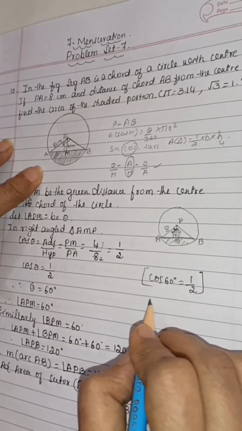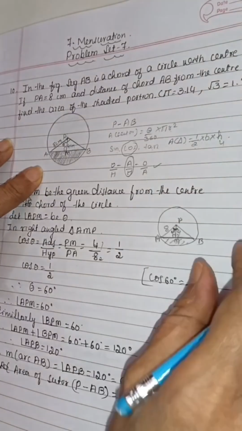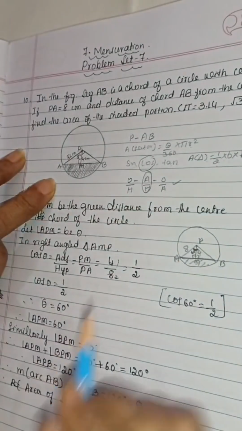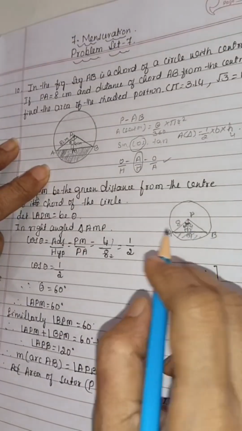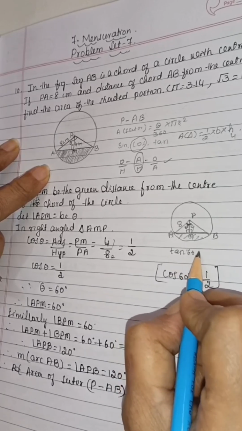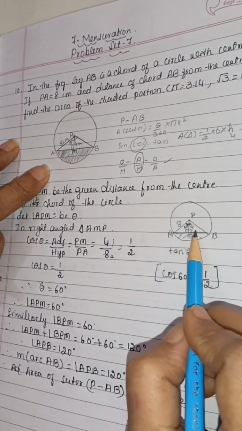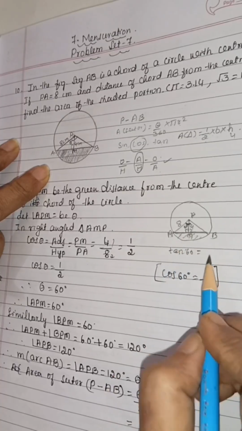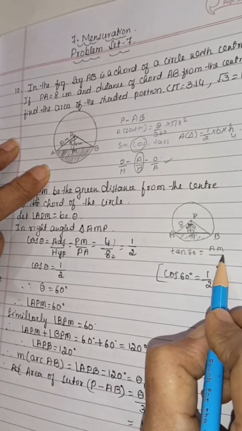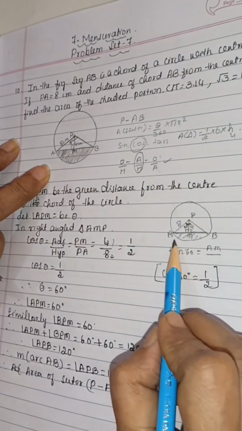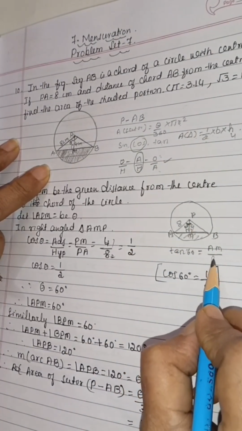We can use a trigonometric ratio. Which trigonometric ratio can we use? Tan 60, or sine, anything. See, tan 60. What is tan 60? Tan is opposite by adjacent. Opposite is AM, divided by adjacent PM: AM by PM.